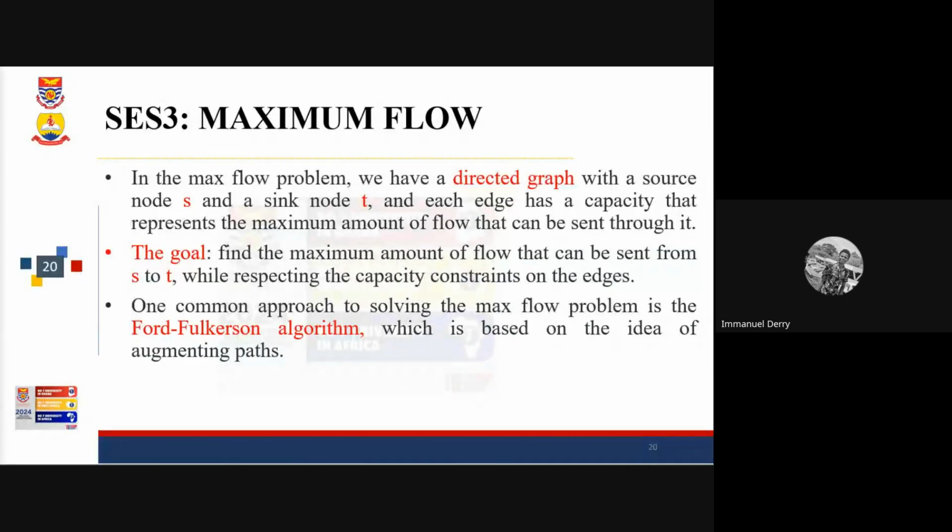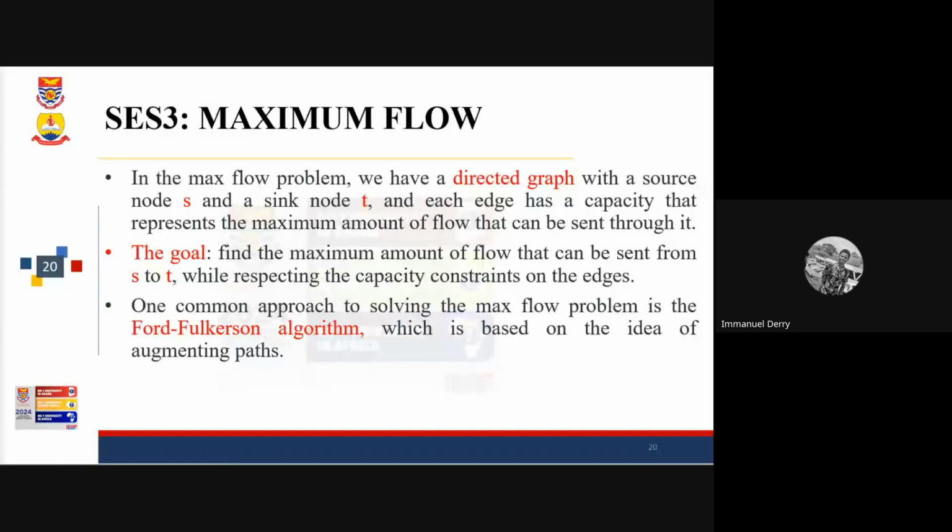So in a maximum flow problem, we have a directed graph with a source node, S, and then what we call the sink node, which is T. And then each edge has a capacity, or let me say weight, that represents the amount of flow that can be sent through the network.